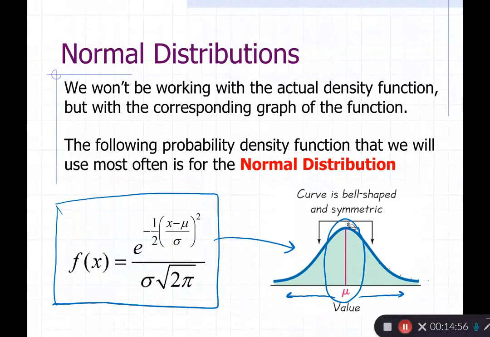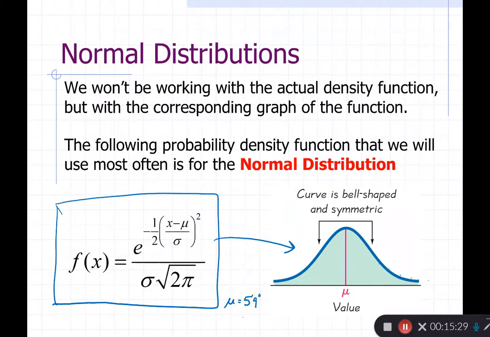Now, let's see. So let's use a specific example of something that occurs with a normal distribution. Let's talk about height. So the average height of an adult male living in the U.S. is about 5'9".